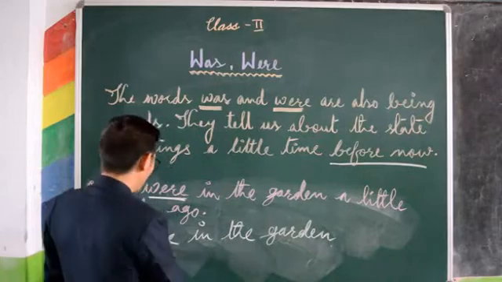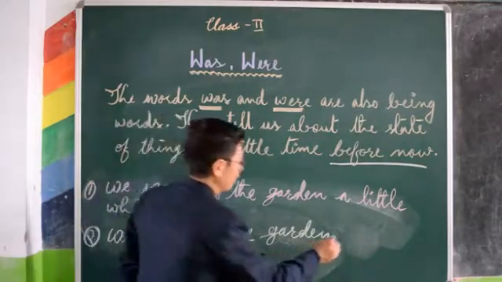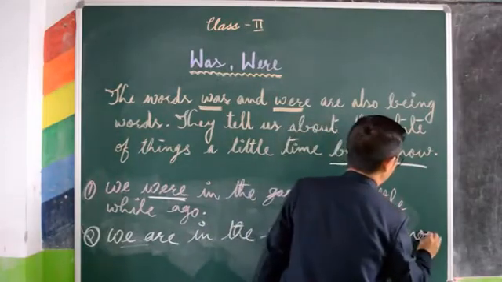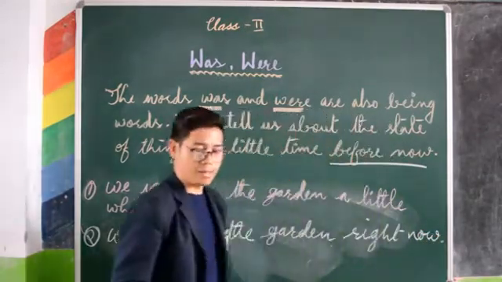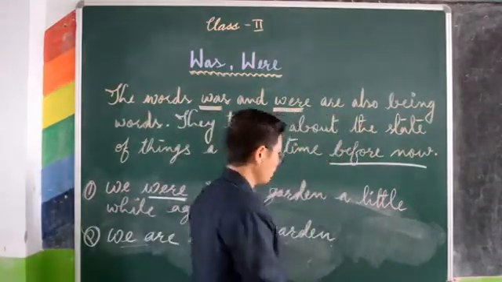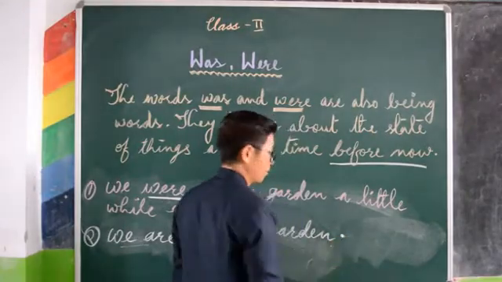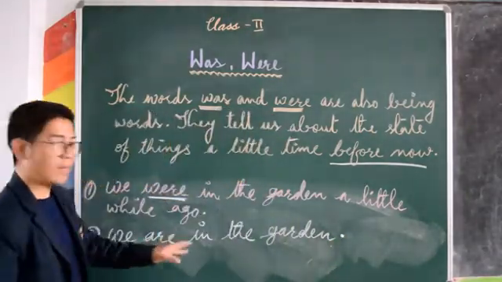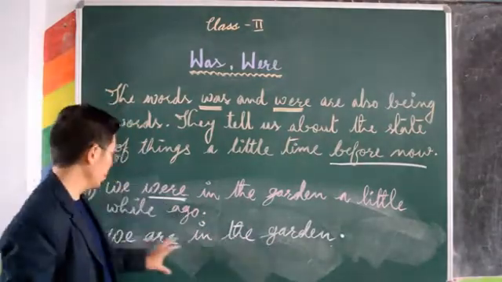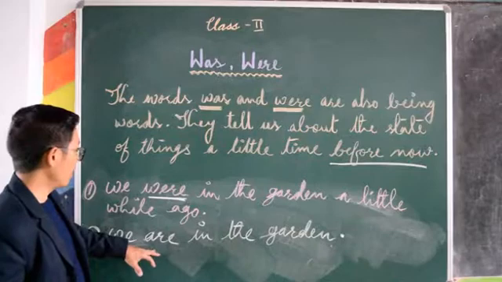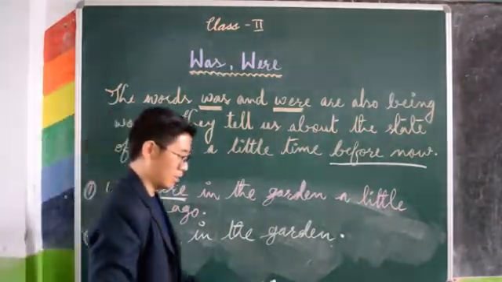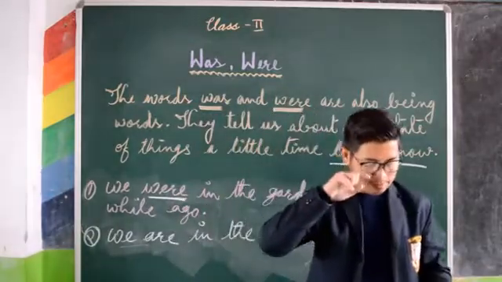You just write we are in the garden right now. Or you don't have to mention this one. We are means right now it's happening. We are in the garden. Okay. So the word are to were, present to past, past to present. This is how we make it.